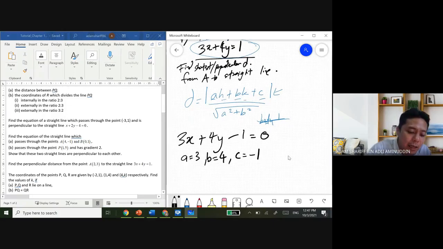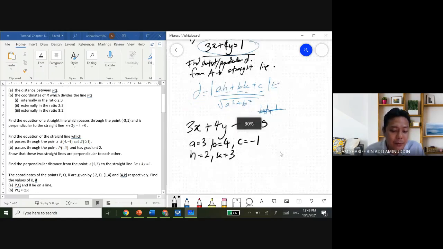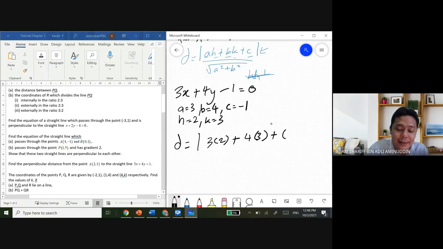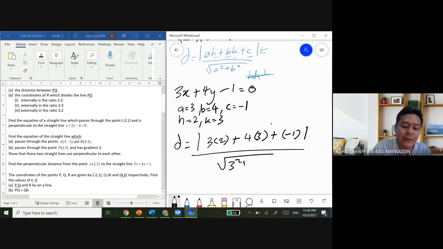Kemudian, the value of H and K, which is H is 2 and K is 3, the coordinate of the point XY. Bila dah siap tu, barulah kita dengan senang hatinya masuklah dalam formula: modulus of 3 times 2 plus 4 times 3 plus negative 1, over the square root of 3 squared plus 4 squared.